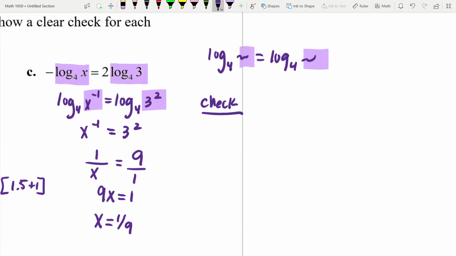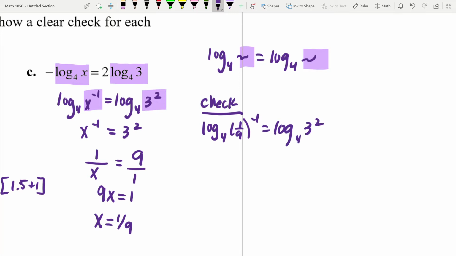If you forget to check your logs on your quiz or your test, it's going to be so painful because for every check you miss, you're going to lose at least 1 point, sometimes 2. So please be careful. Is this okay if I do this? Look, log base 4 of 1/9 to the negative first equals log base 4 of 3 squared.